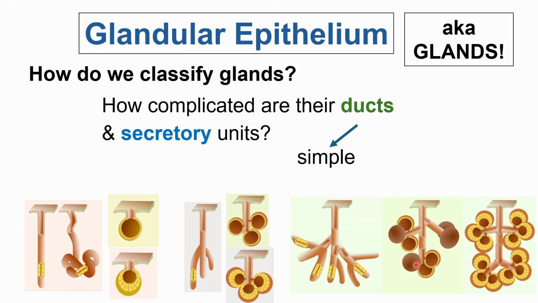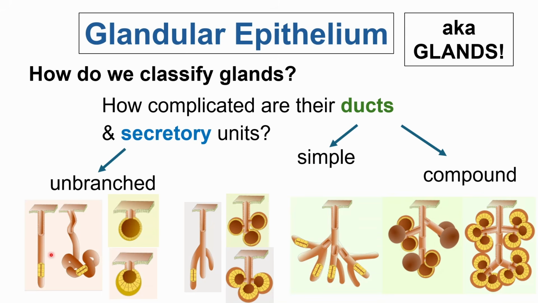If the duct is just single, then it will be simple. Okay, simple duct. If the duct is branching, then we call it compound. So here, it's branching. If the secretory unit is unbranched, only one unit per one duct, it is unbranched.